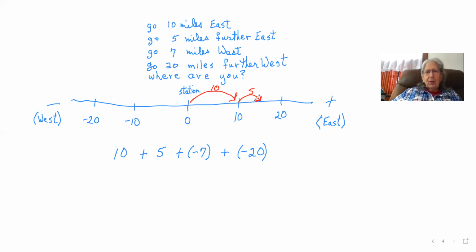We'll go 5 miles and 2 more, right? So we're coming back here to mile 8. Then we're going to go 20 miles further west. Well, 8 of them will get us to the station. And then we need to go 12 more.